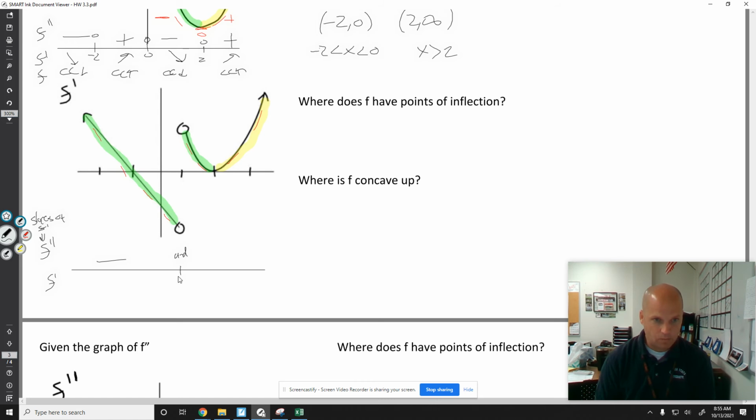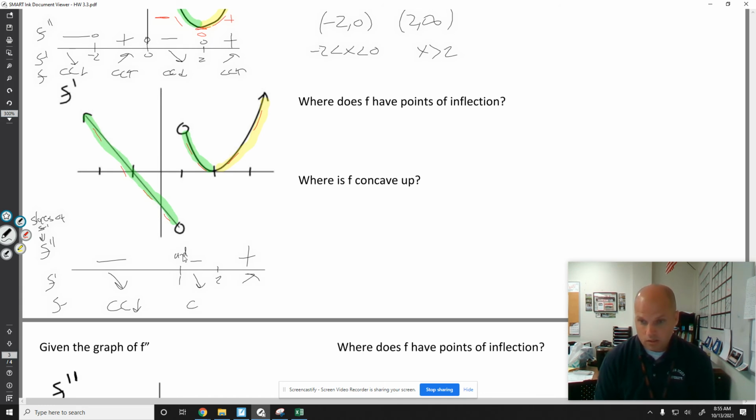But from this point at 1 to this point at 2, we can see the slopes are negative, and then the slopes change to be positive. Or you could say f prime is going down. It's not doing anything. Then it's going down. Then it's going up. F, therefore, whatever it looks like, don't worry about what it looks like. Just this is your analysis. F is concave down.